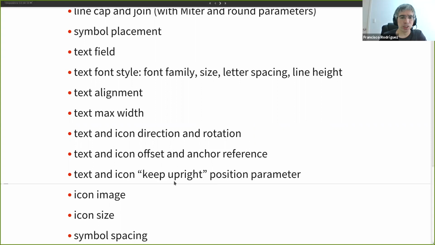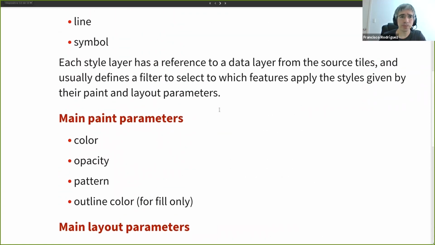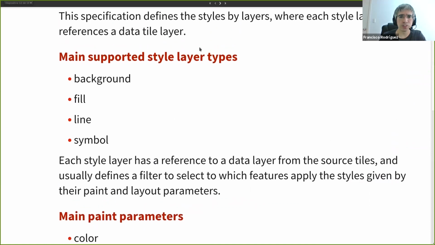Which icon image to use, how much space between the different symbols, whether there is symbol spacing, text spacing, icon spacing. So there are a lot of parameters that we needed to implement to interpret all these style layers of these different types.